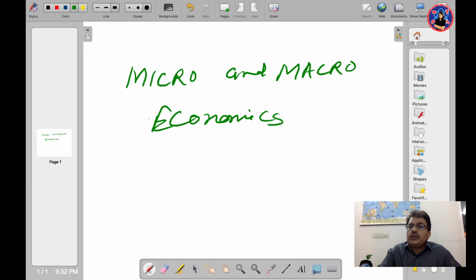But this theory was proved wrong by Keynes in 1929, when there was a depression and a lot of unemployment took place, output went down and there was no employment in the economy. So this theory was proved wrong by John Maynard Keynes, and that is called the Keynesian approach.